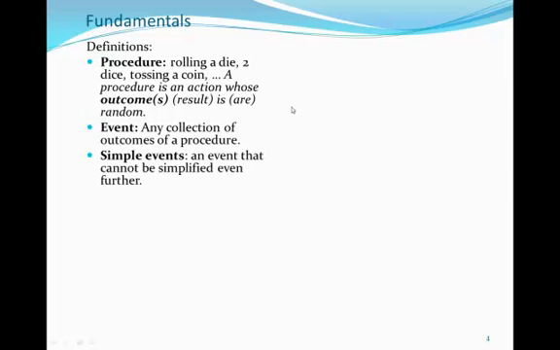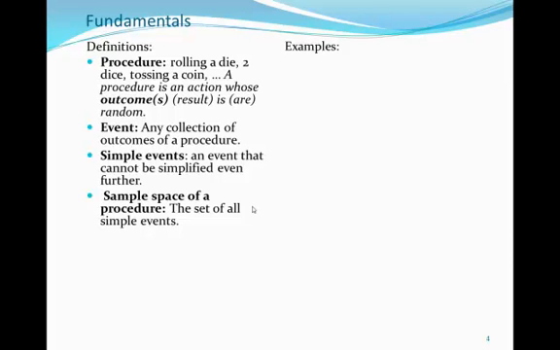And the event is any collection of outcomes of a procedure. So event is basically a collection of outcomes for any particular event. A simple event is an event that cannot be simplified even further. And sample space of a procedure is a set of all simple events.